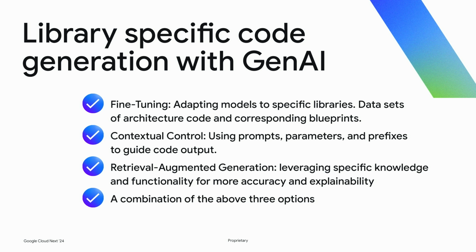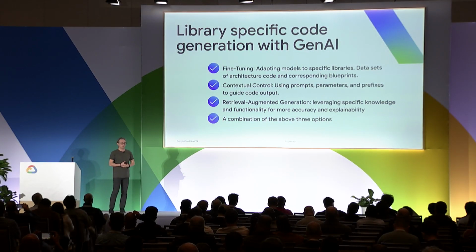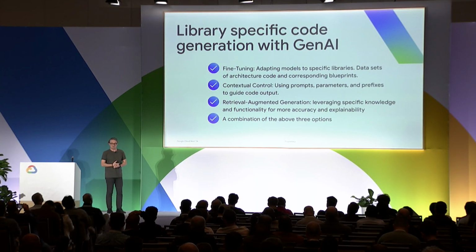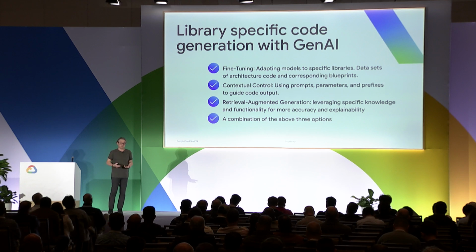It's adapting a pre-trained model on a specific code library. It means creating a lot of samples with code and description and some additional data, which you will have to pack into a curated data set that can be used by the model.